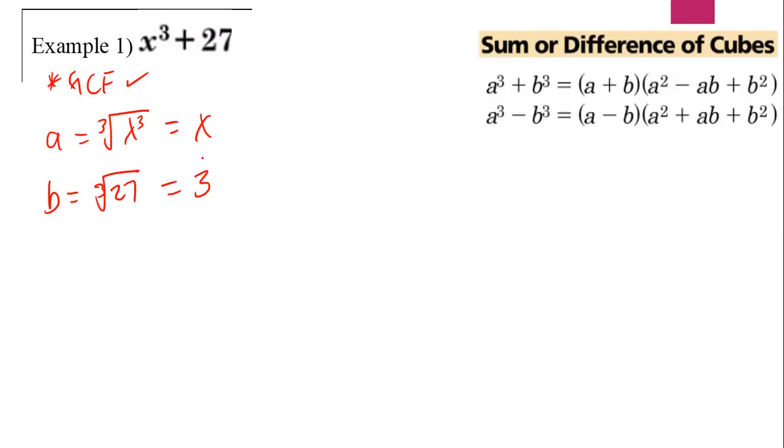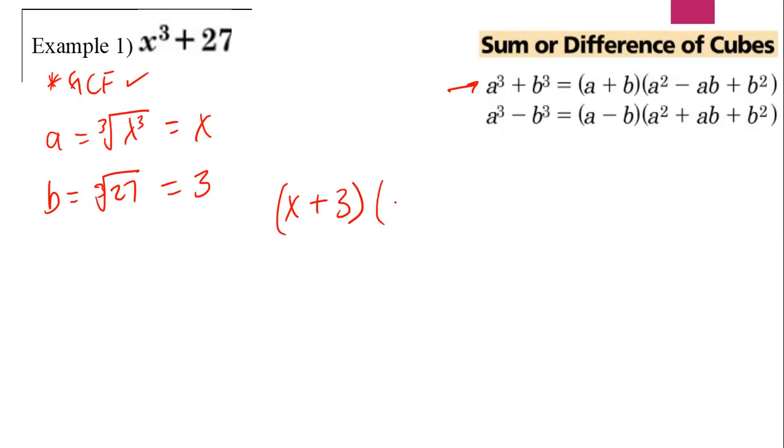All right, now you have your A and your B, and you're just plugging it into the formula. So here we go. It says A plus B, so X plus 3. Are we okay with the binomial? Now it's going to be A squared minus A times B plus B squared.